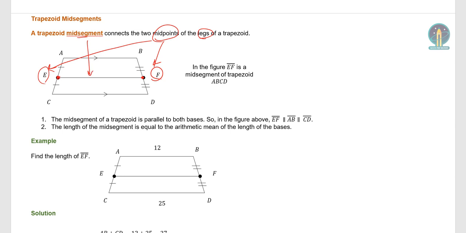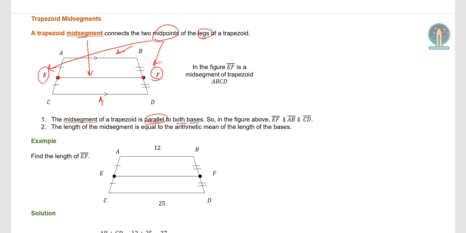And what are the features of this line, the midsegment? Well, first off, it's parallel to both bases, the lower base and the upper base, AB and CD in this case.